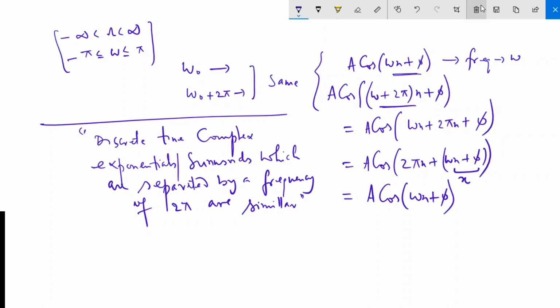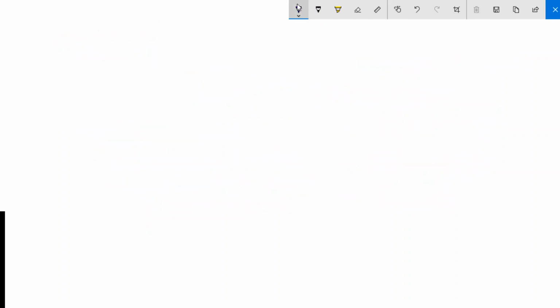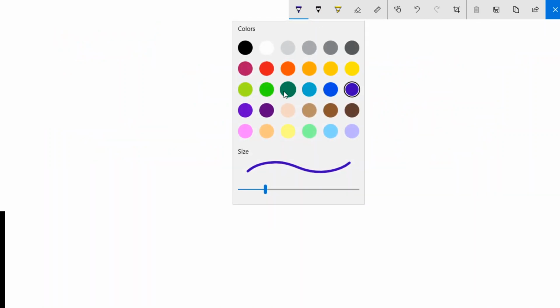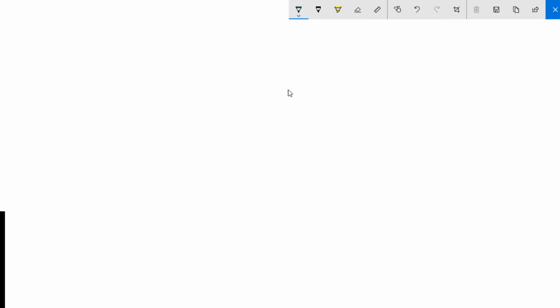Okay, so for the signals which have a frequency between minus pi to pi, if you go to any frequency beyond this, you will get a similar signal in this band. Okay, what it means is that suppose you have some sinusoid function which has a frequency lying between minus pi to pi.